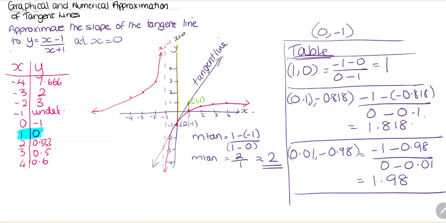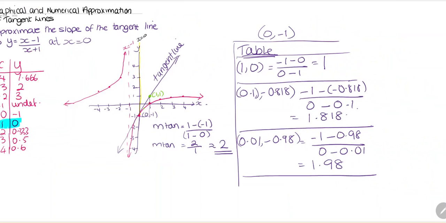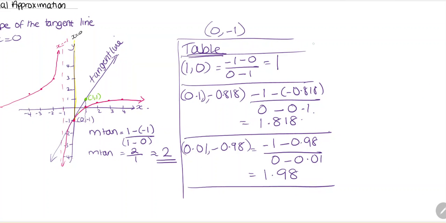Now we need to choose 3 values on the other side. So now we're looking to choose values down this side. So let's go across our table.